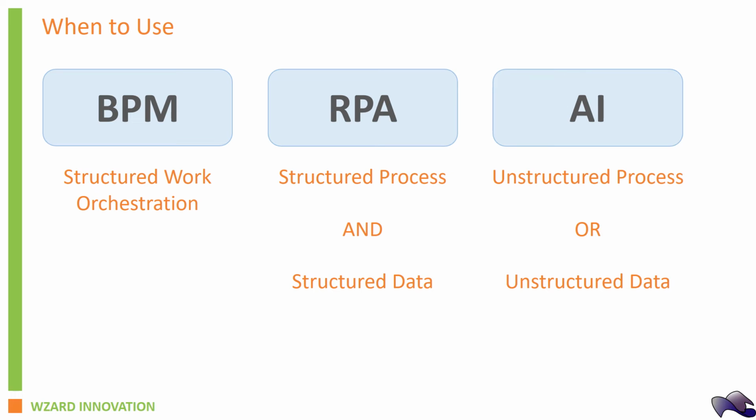So if you are getting your messages in via weighty documents or emails, and you have to decipher it all to figure out what needs to be done, then AI, or some of the components of AI, is there to help you understand that. AI is also better able to deal with unstructured processes, processes that don't have a clear start and stop point.